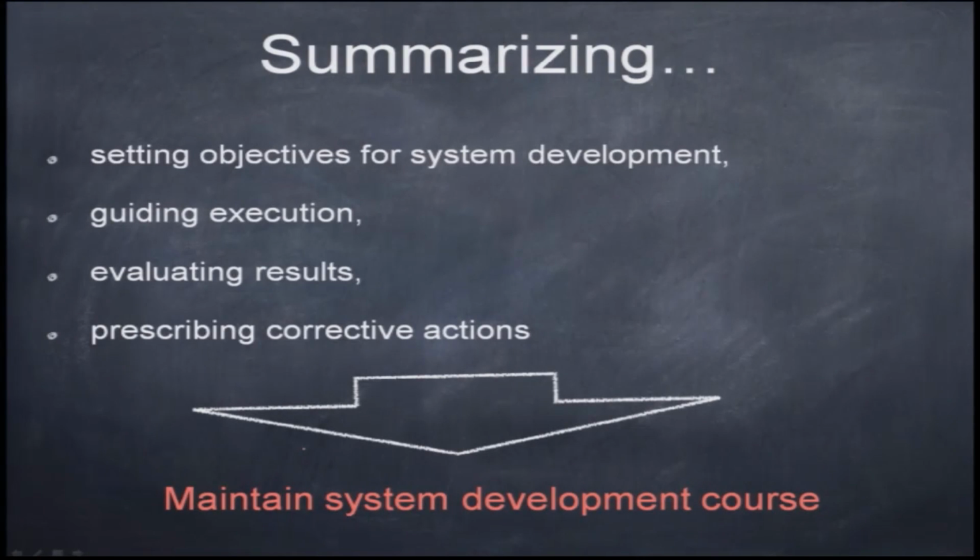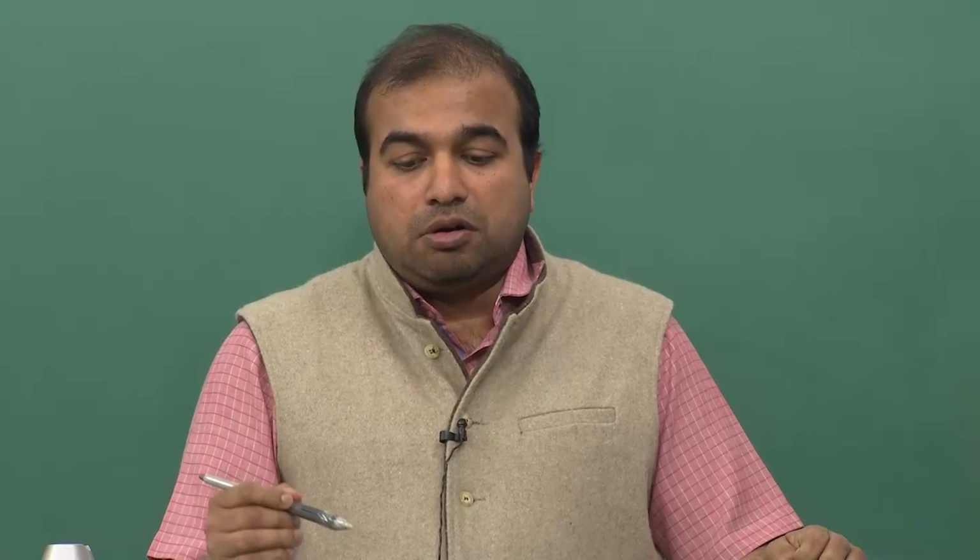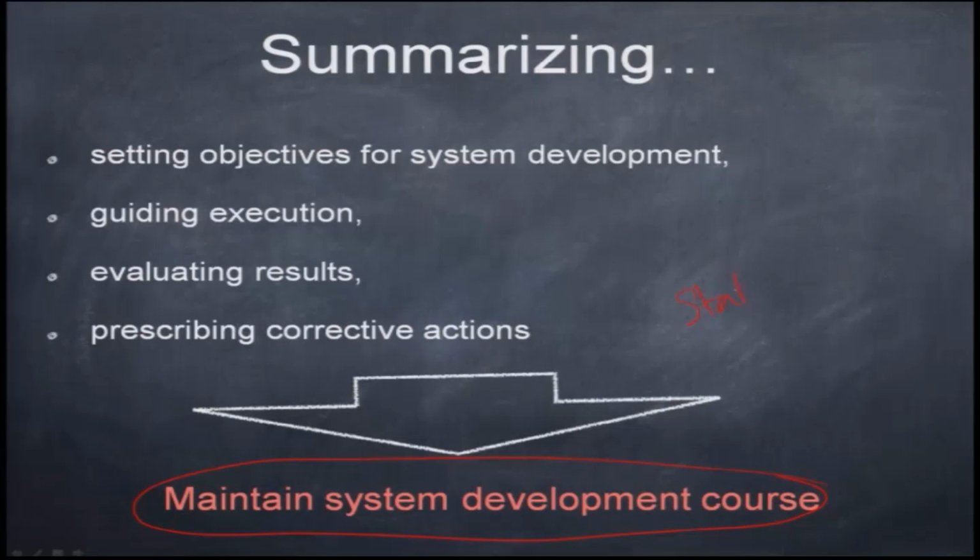All of these will ensure one goal: maintain the systems development on course, keep the systems development on track, and ensure that the system development process is such that the stated common goal is achieved. This is the most important aspect of systems engineering. What are we supposed to achieve? Is it getting achieved? This question is something that keeps the systems engineer on track, and he ensures that the rest of the teams are also kept on track.